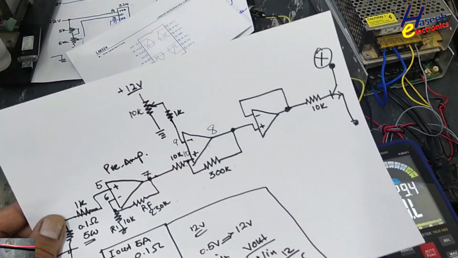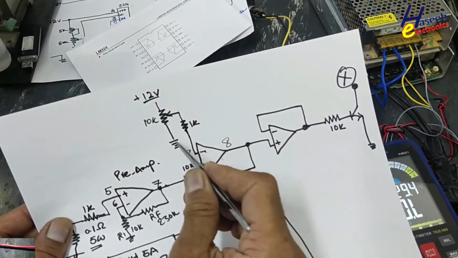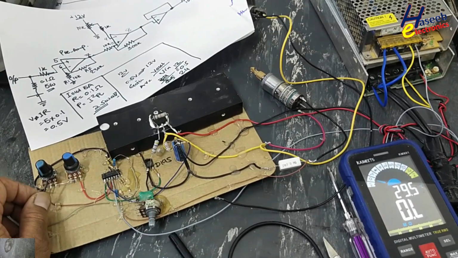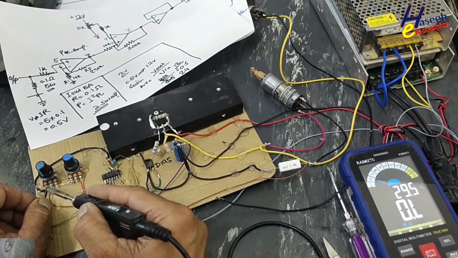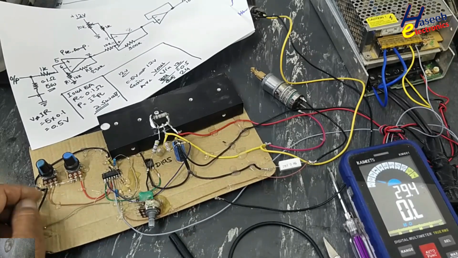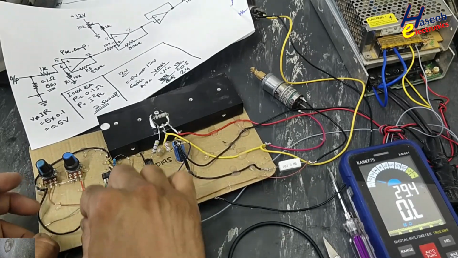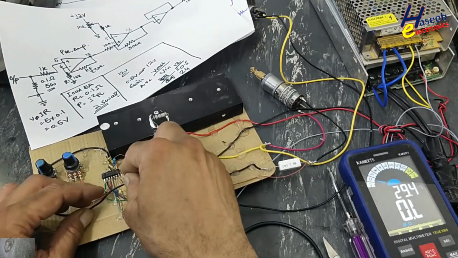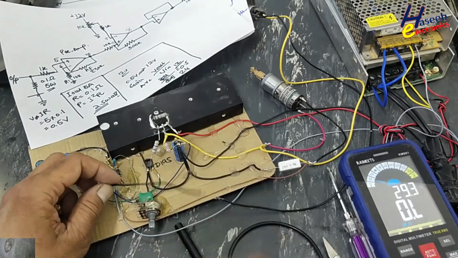We will bias this potentiometer with 12 volt positive and ground. This is the low side signal. We will connect to the potentiometer this end.